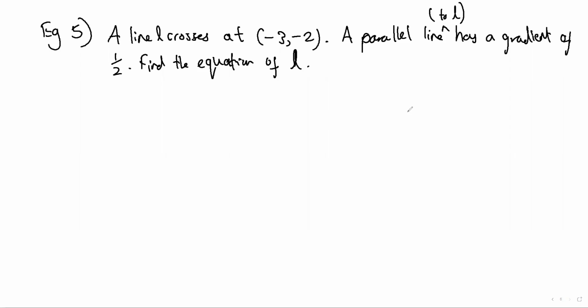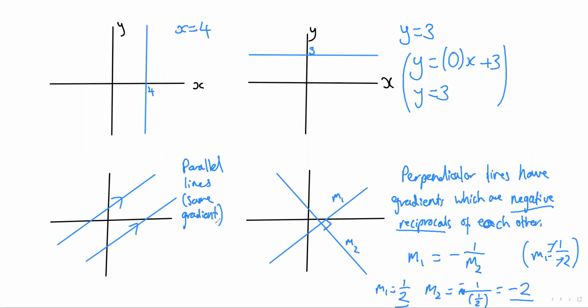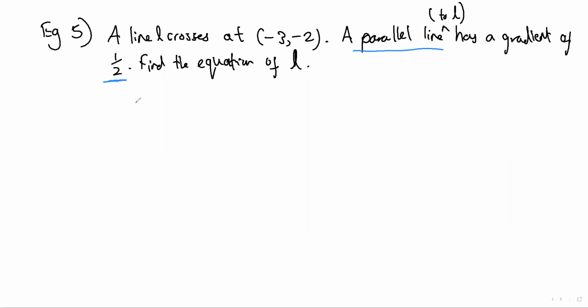But because this is a parallel line, remember, parallel lines have the same gradient. So we know that the gradient of L, grad of L, is also equal to a half. So now we have 1 coordinate and a gradient.